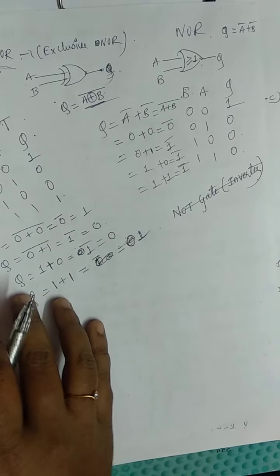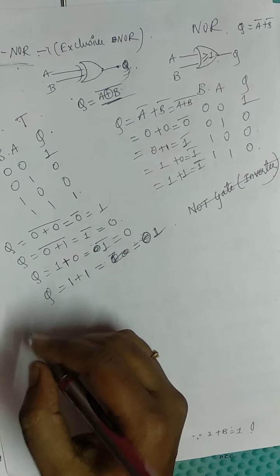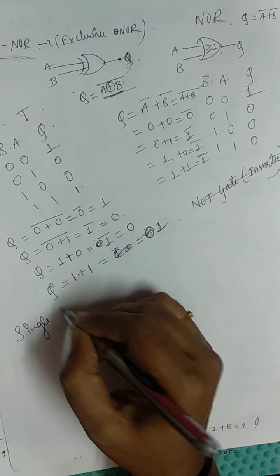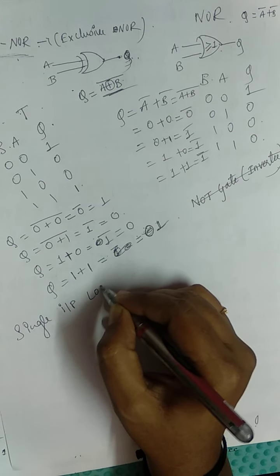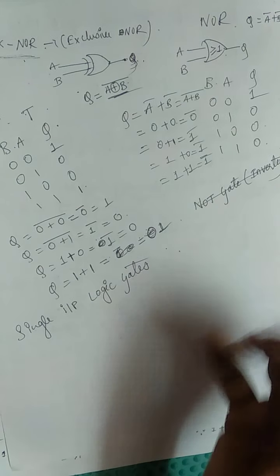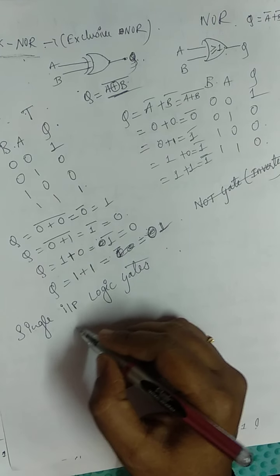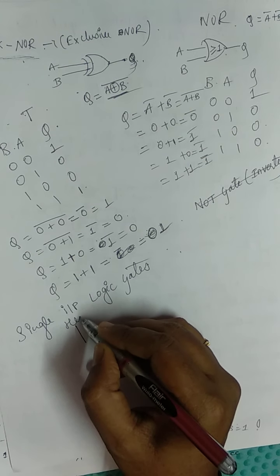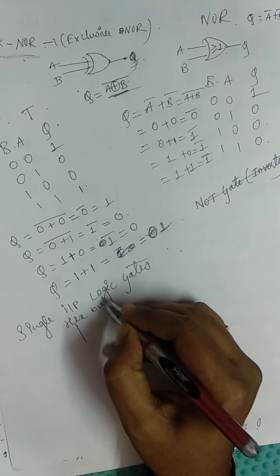So before we go to the NOT gate, we'll study the single input logic gates. That is the representation of the single input logic gate under that, the hex buffer.